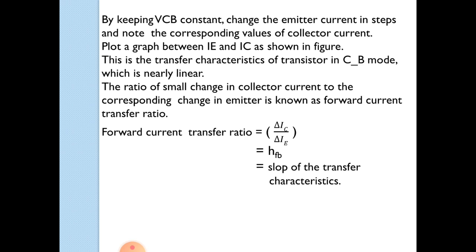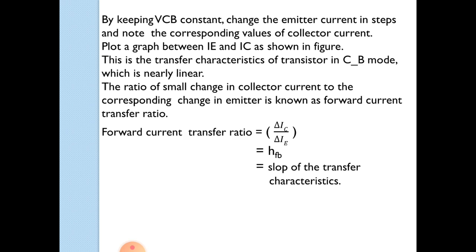It is denoted as HFB. H for hybrid, F because this current transfer ratio is forward in nature, and B for the common base mode. And this value gives the slope of the transfer characteristics.